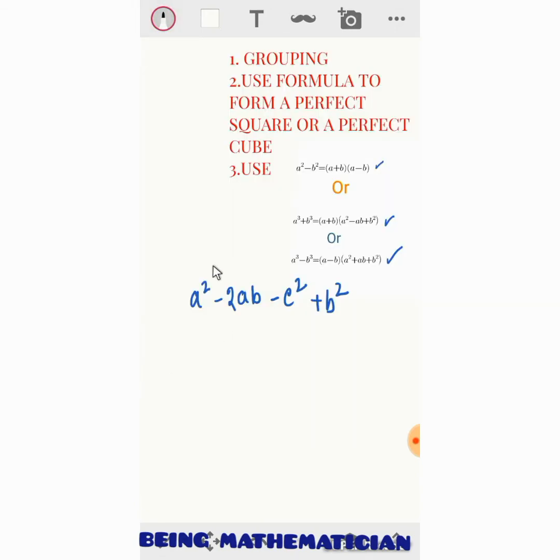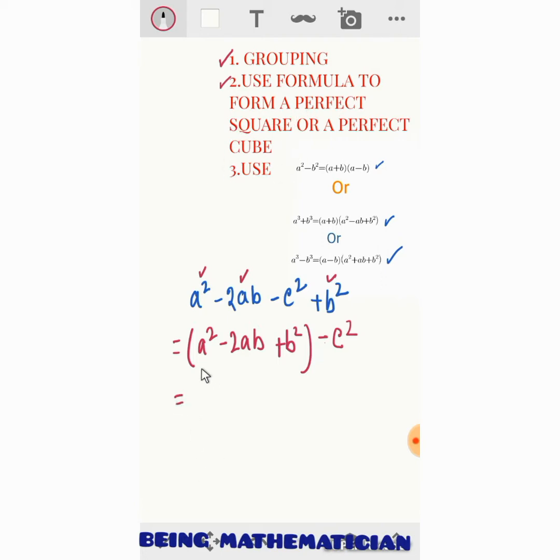Now we follow the first trick, that is grouping. We arrange the terms a square, 2ab and b square in a bracket. We group these terms, and c square. Now number 2, use a formula to form a perfect square or perfect cube.